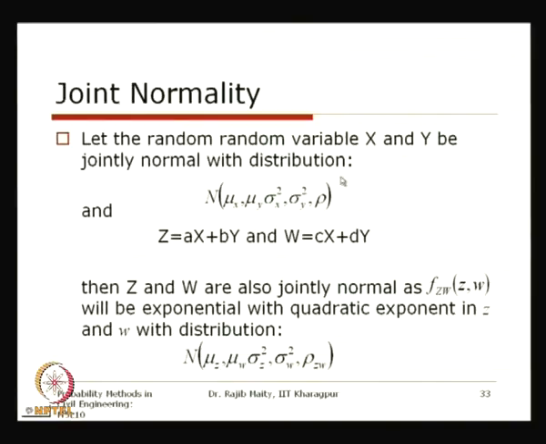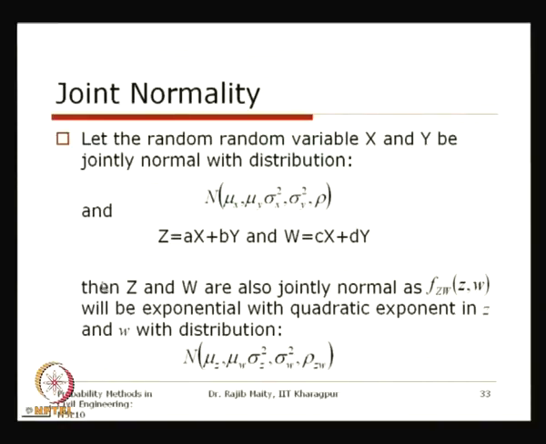So this is a joint normal distribution, and the functions that we are talking about are linear again: z equals ax plus by and w equals cx plus dy. If we have these functions, then we can solve to know its joint distribution.